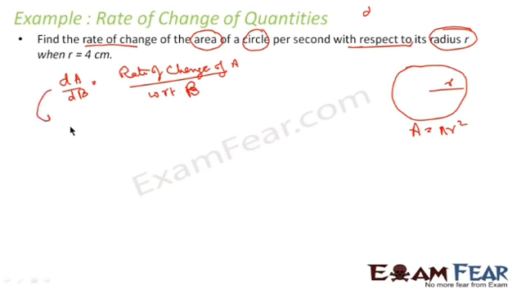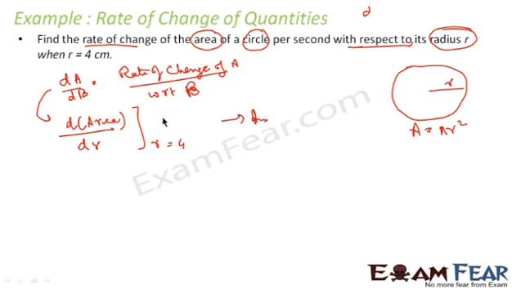So they are talking about change of area with respect to, here B is nothing but radius, dr. So this is the quantity they are looking for when r is equal to 4. So this is my answer. Why? This is the quantity they are looking for.